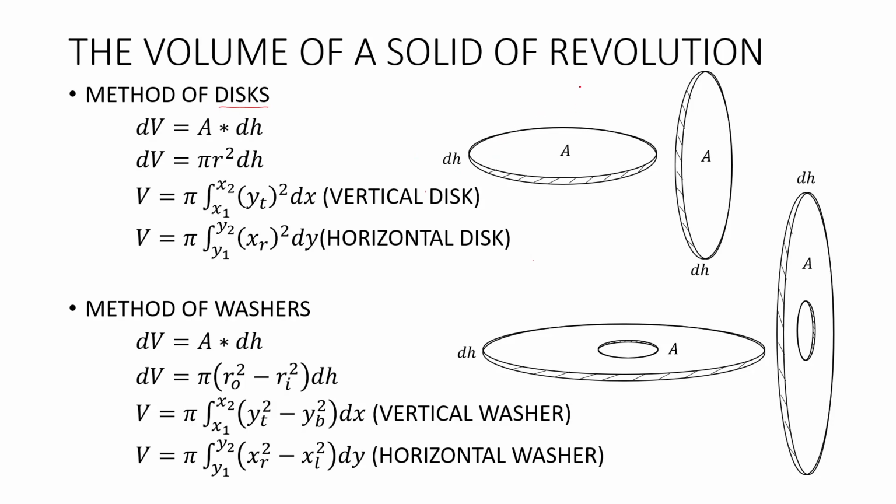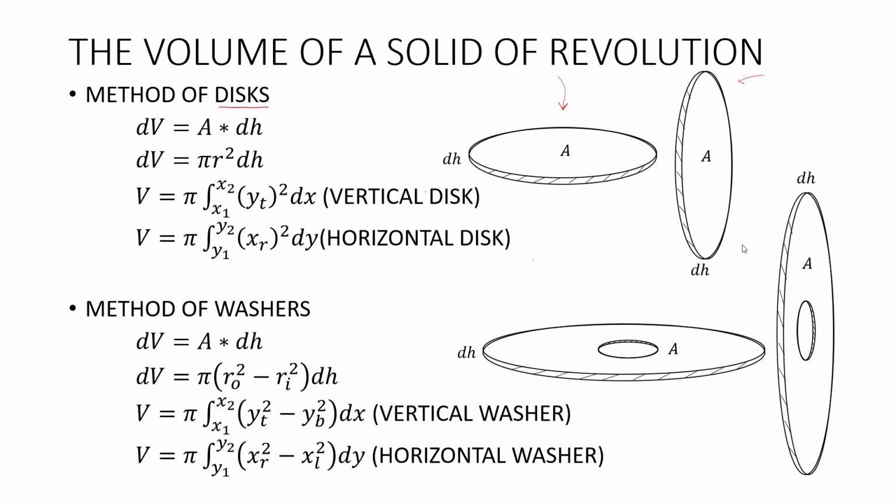So this is the disk, this one in the horizontal format, this one in the vertical format. And then the other one is the method of washer. So it's the same as the disk, but the problem here is that it has a hole in the middle. And both have horizontal and vertical strips.